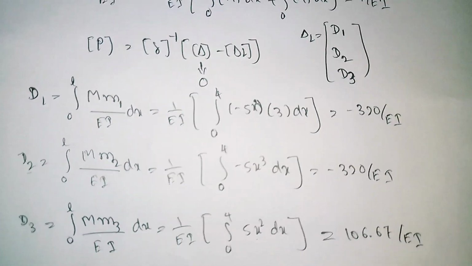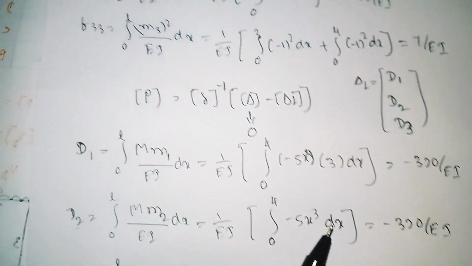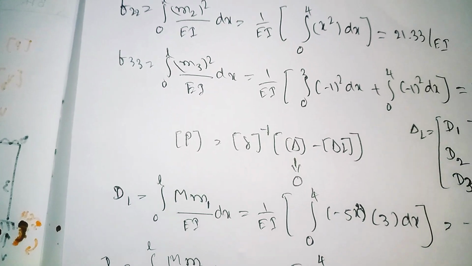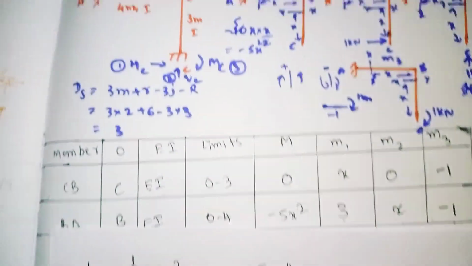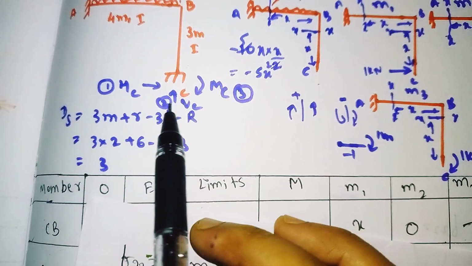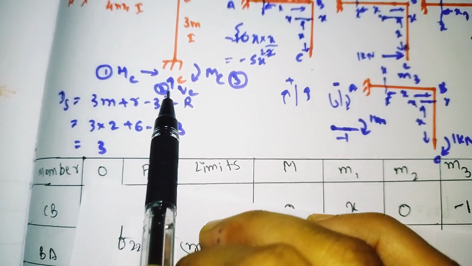Now fill all the values in this matrix. P is whatever coordinates we have taken, coordinates number 1, 2, 3.